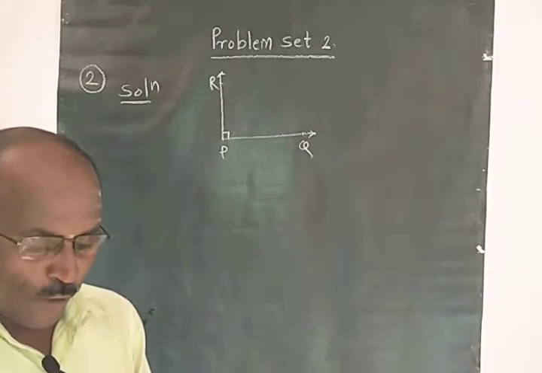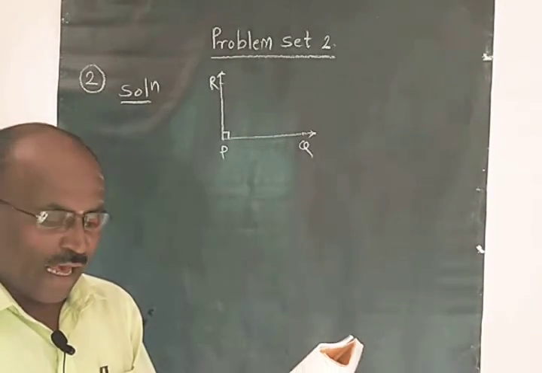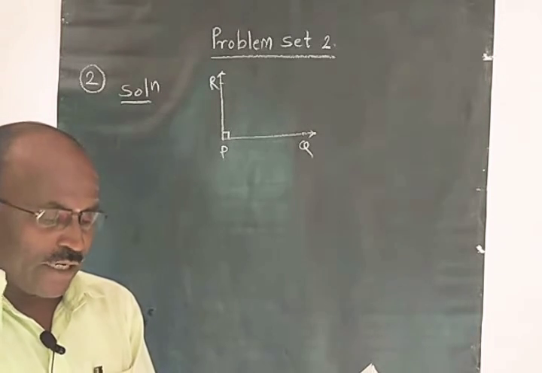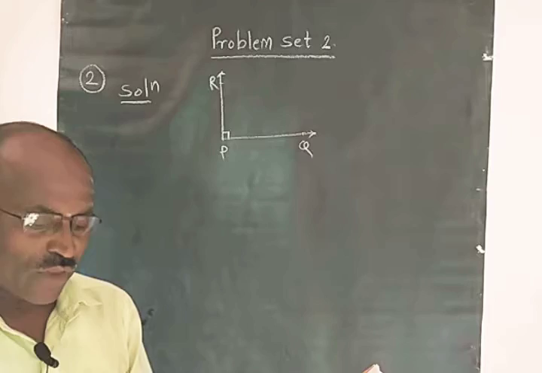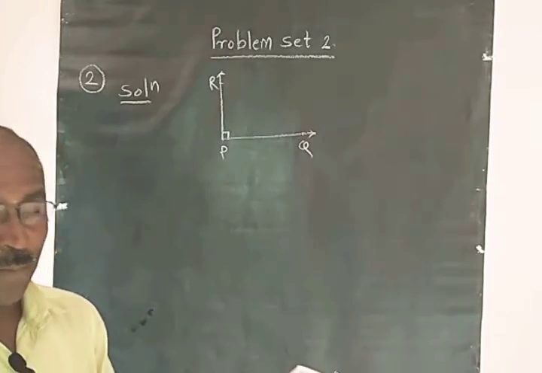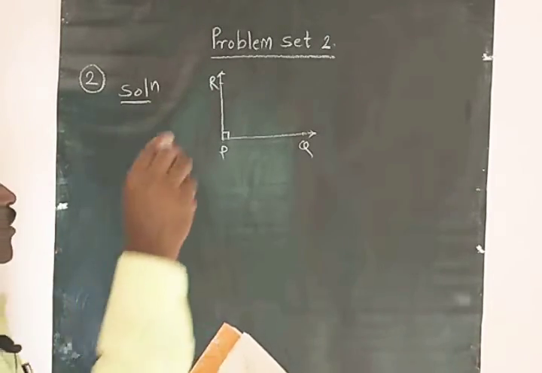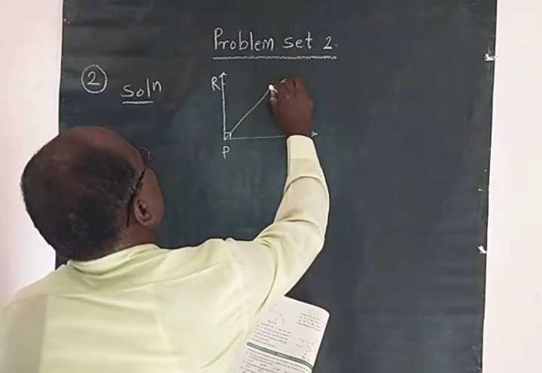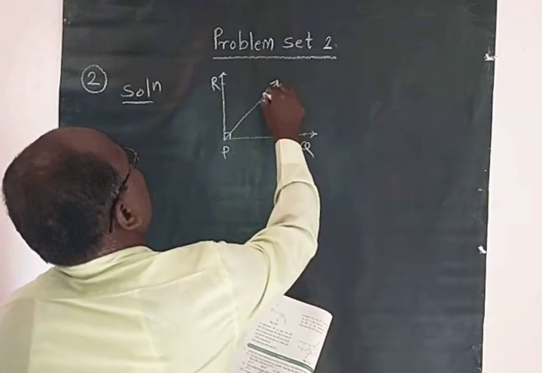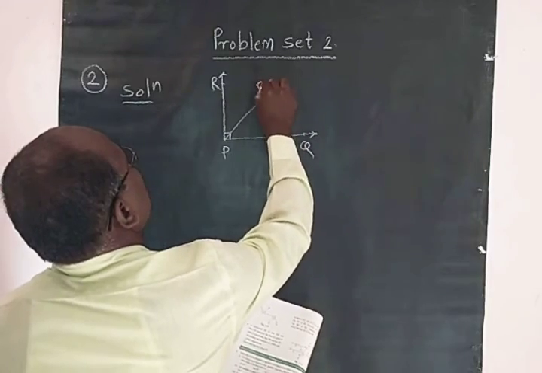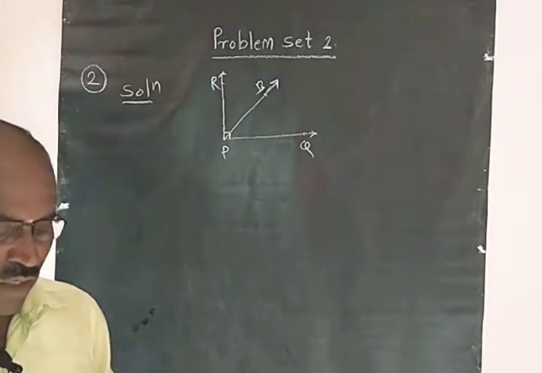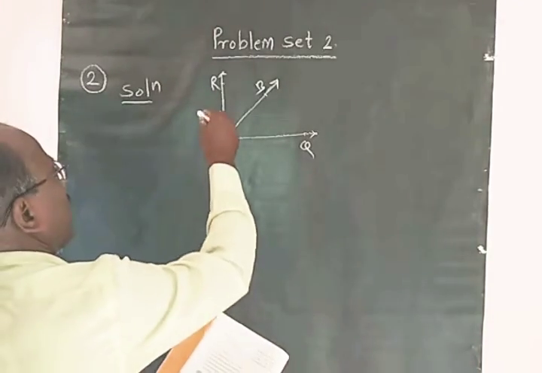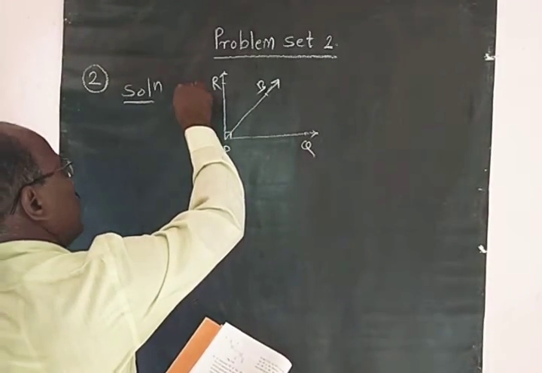Then the points B and A are in the interior and exterior of angle QPR respectively. That means B is in the interior. Suppose here the point B is there. Here is the point B. Then the point A is in the exterior of angle QPR.